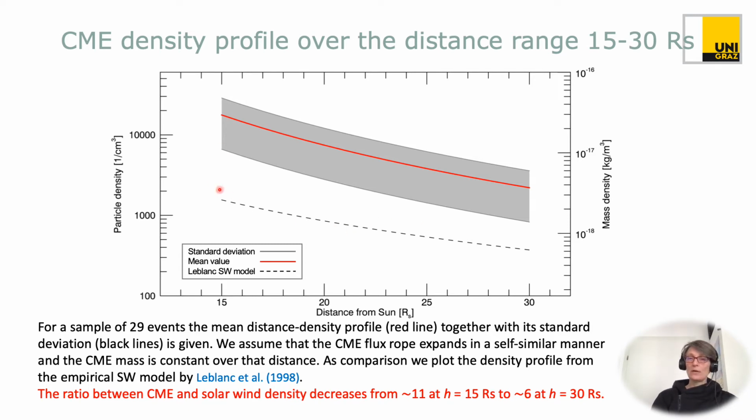And from that we derive that at about 15 solar radii we have a ratio between CME density, so an average density, and solar wind density of a factor of about 11, and at 30 solar radii a factor of 6. The list of parameters for all the 29 events is given in the JGR paper, and with that you can get these calculations done yourself.